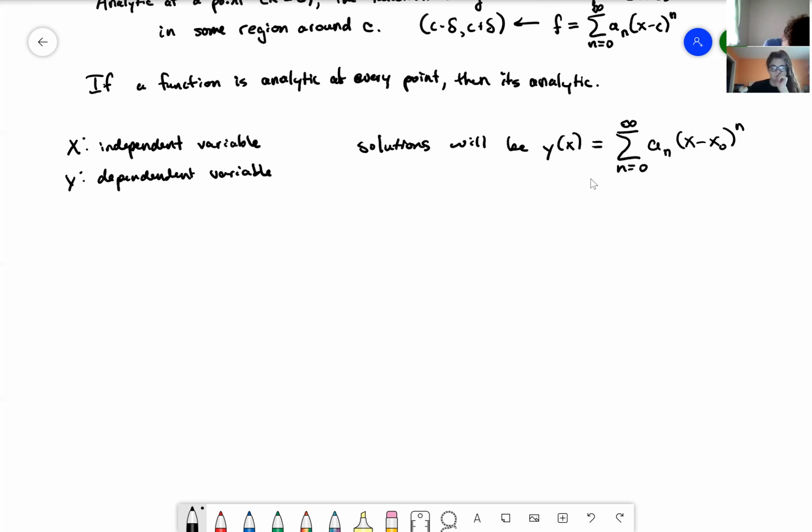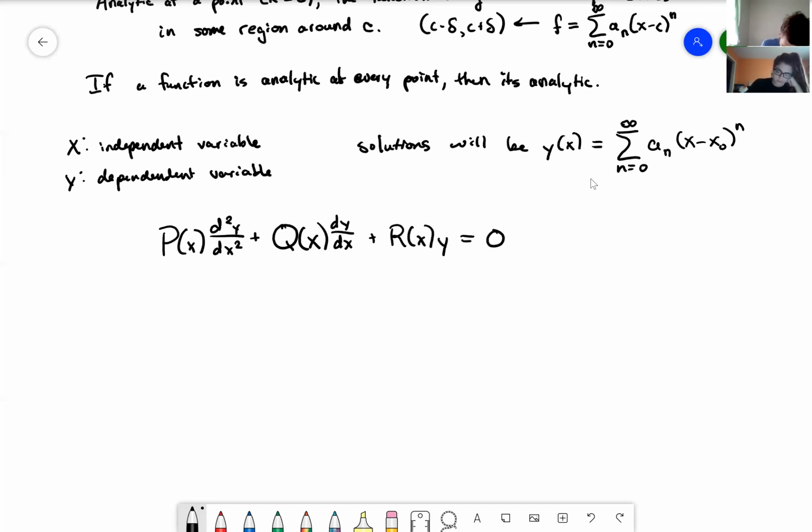So the general form of this will be P of x, and we'll use capital P in this form, times the second derivative of y with respect to x, plus Q of x times dy dx, plus R of x times y equals 0, where P, Q, and R are some functions.